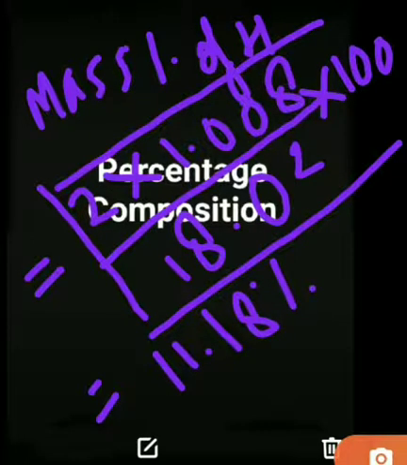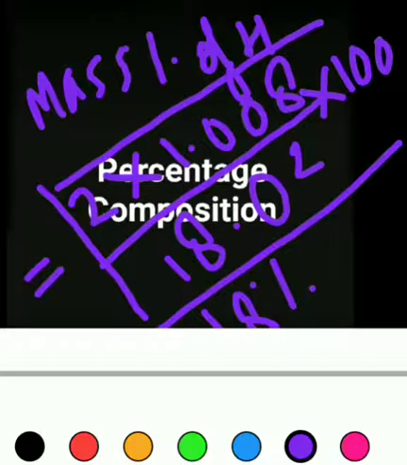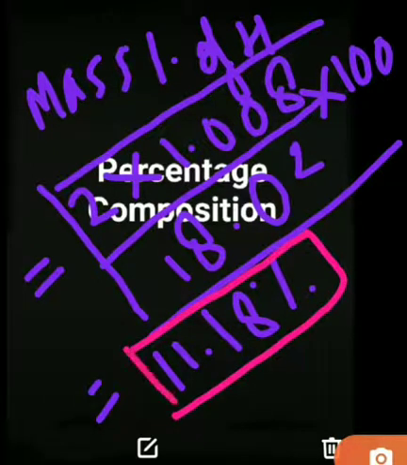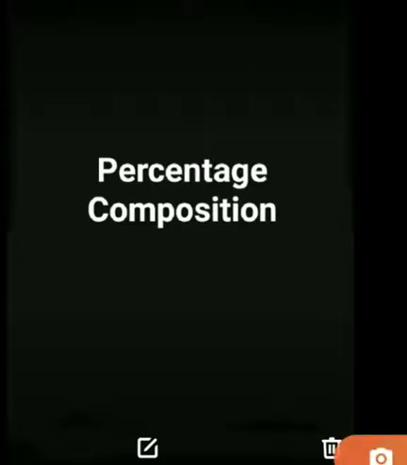Okay, so students, when anybody asks you what is the percentage of hydrogen in water, it is 11.18%. And in a similar way you have to calculate the mass percent of oxygen.